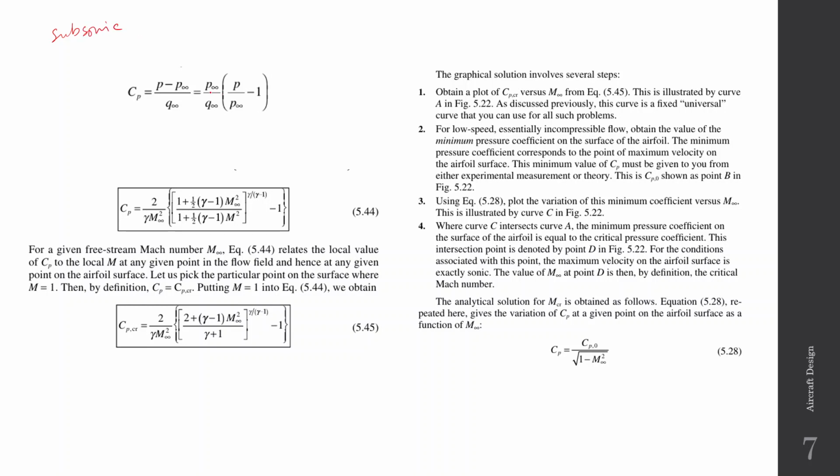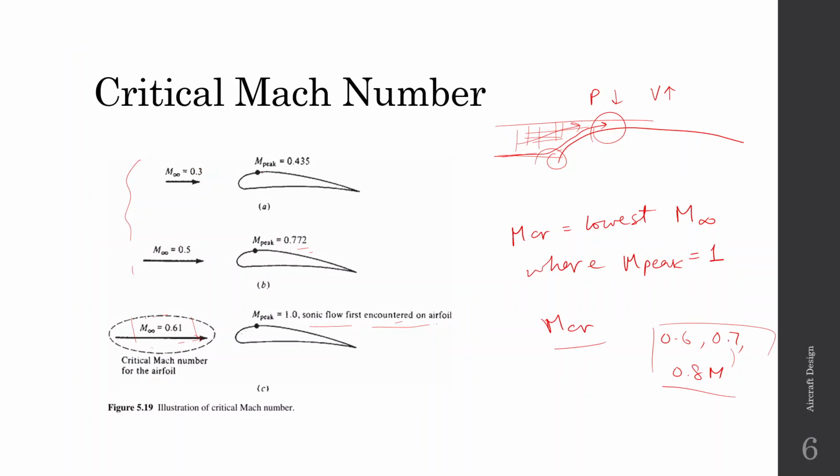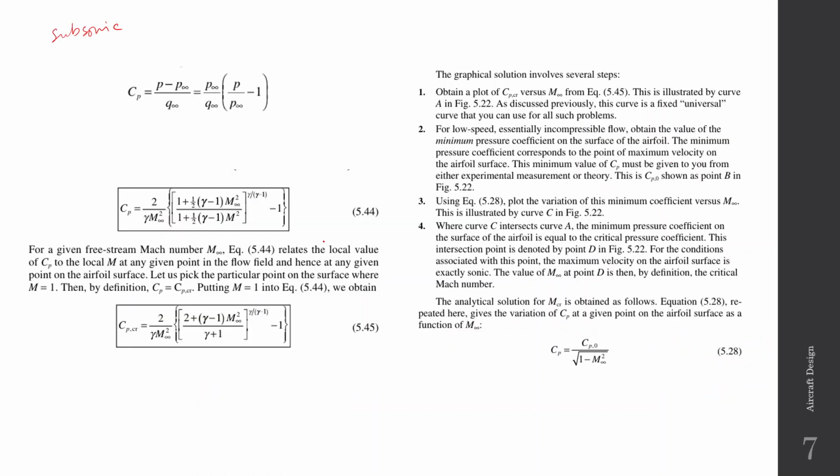Now you can see that it is difficult to estimate the velocity along all the points of the aircraft. When we want to find MCR, we have to find the velocity, but it is difficult to measure that. Instead, we can measure the pressure at each point of the airfoil, or we can take help from theoretical analysis or computational fluid dynamics.